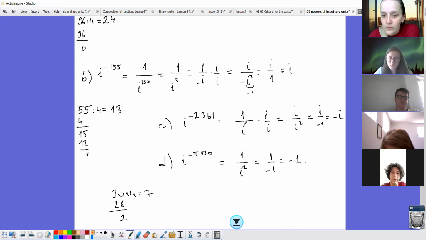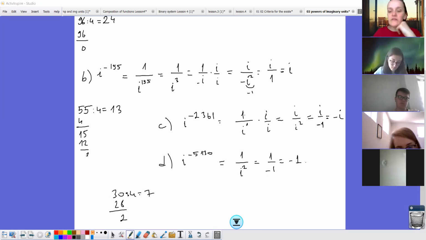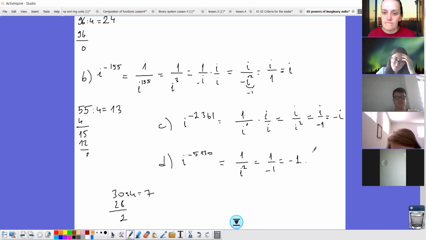Yes, 1 over I, then we have I to the power of 1, which is I. Then we are not leaving the I in the denominator, okay? Because of that, we are multiplying by I to get I squared there. And then the result will be minus I. It's okay? Did we understand?